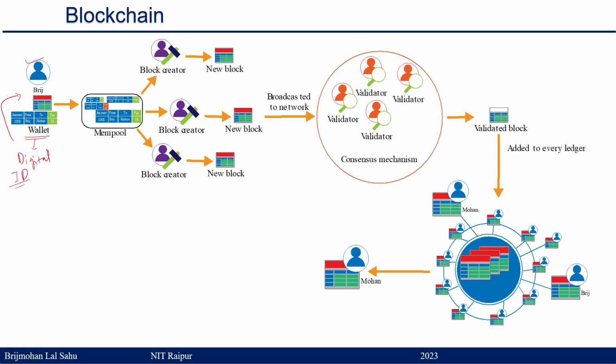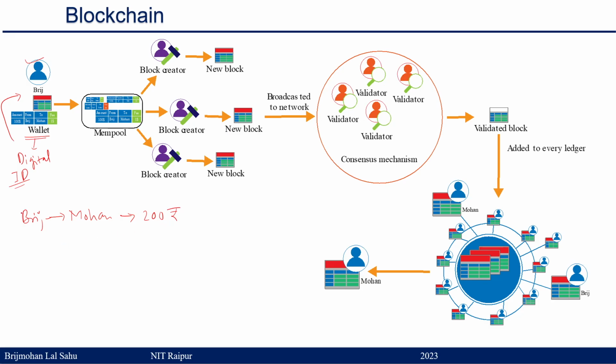A wallet can be of different kinds: hardware wallet, software wallet, or sometimes also known as hot wallet and cold wallet. There are different categories. Suppose Bridge wants to send some money to his friend Mohan, worth 200 rupees.